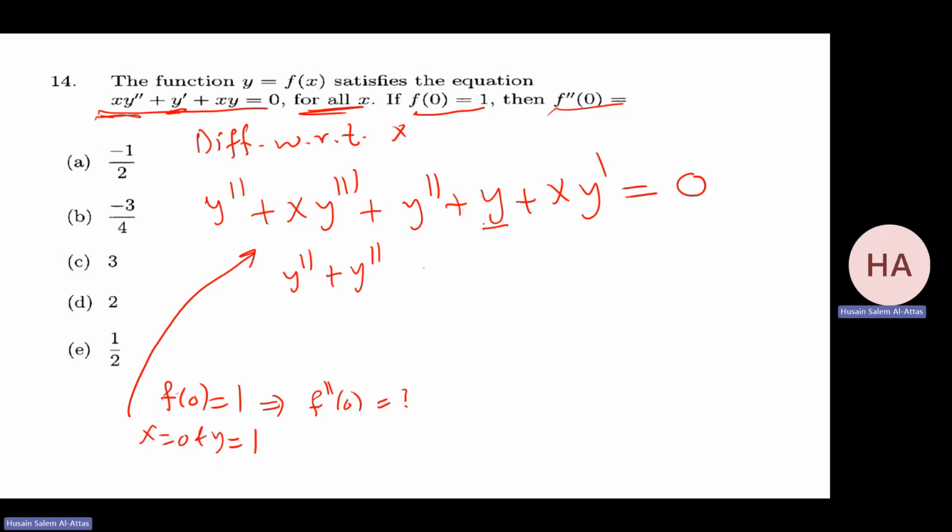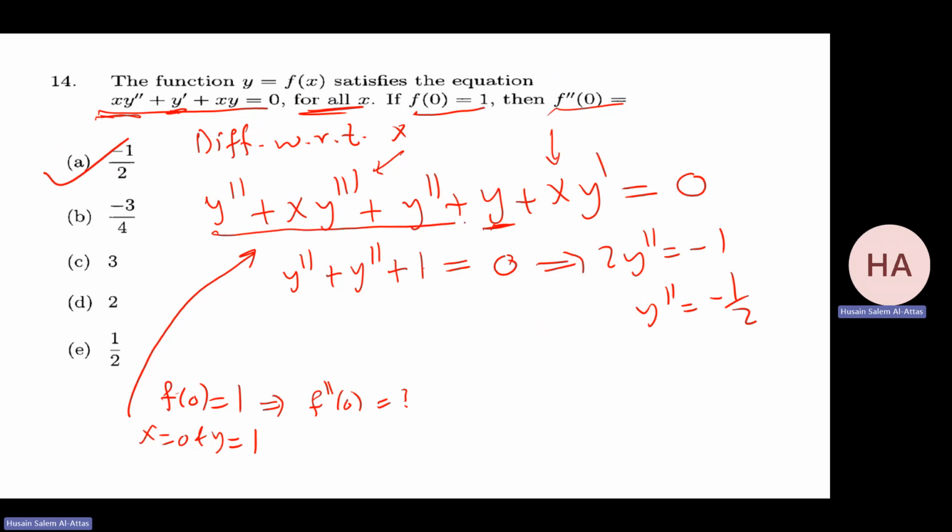Yes, y is 1, not 0. So plus 1 equals 0. This is 0, this is 0. So 2y double prime will be minus 1, so y double prime equals minus half. I know it's a little bit strange, we just differentiate and substitute. f of 0 equals 1 means x equals 0, y equals 1. We substitute, we get only y double prime, so we get it.